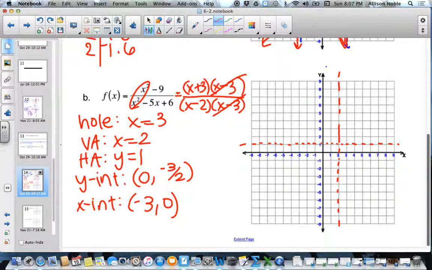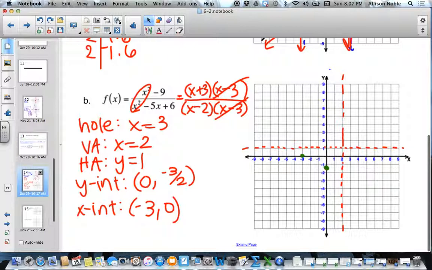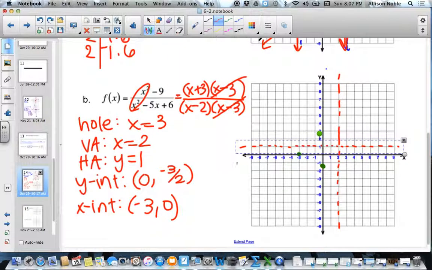I can graph my y-intercept as (0, negative 3/2), which would be right there. Do it in green. And then my x-intercept is (negative 3, 0). So I know that this side is going to look like this.